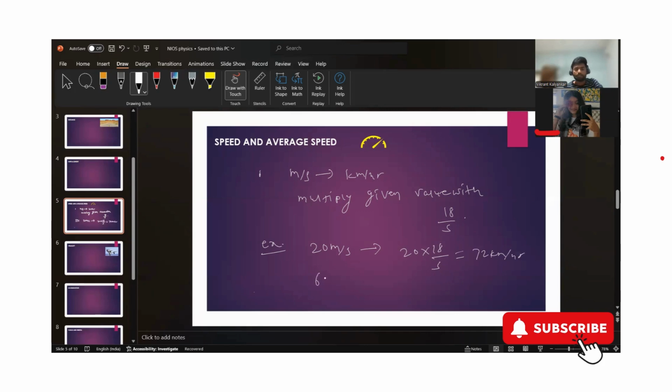Second example, suppose 60 meter per second. Convert it. 60 meter per second, so 60 into 18 by 5.